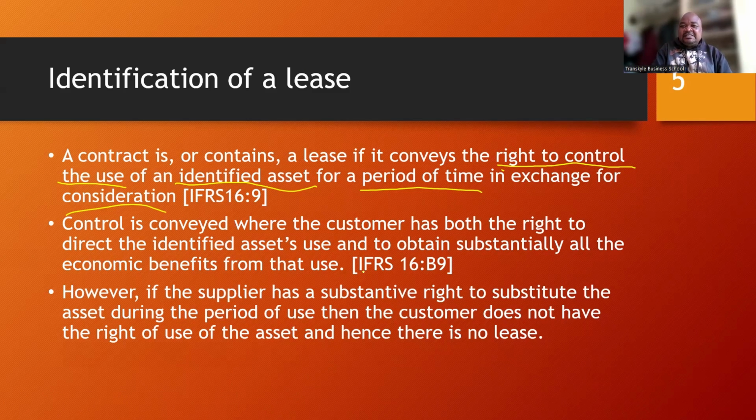Is that clear? Somebody might argue and say, but how will you be paying rent? If the contract is specifying that you'll be paying rent forever, the forever is the time period, isn't it? Isn't it the time period?